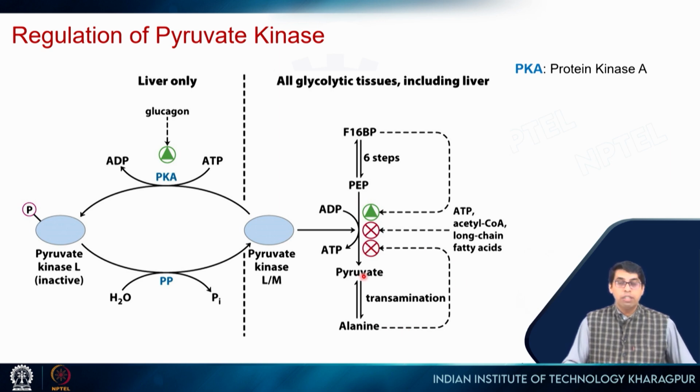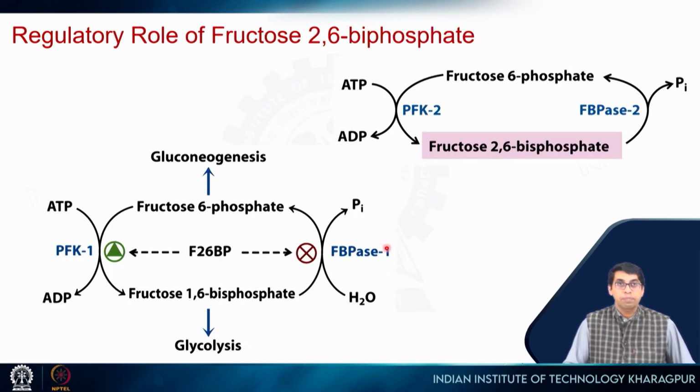So, no more pyruvate formation, right. All these different metabolic products, when they are present in abundant amount, you shut down this process. When they are not present in abundant amount and you have accumulation of this molecule, you activate this process, right. So, all of these steps are highly regulated.